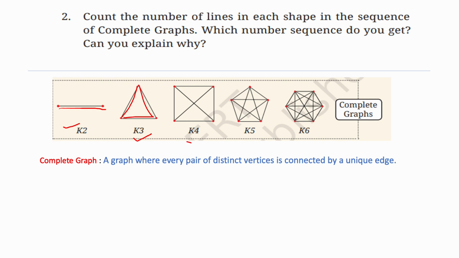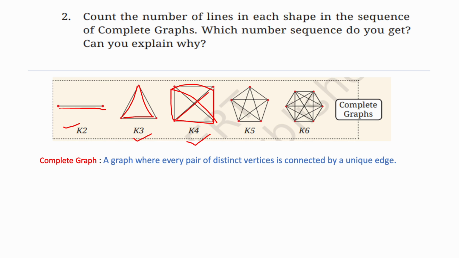Then we have K4. You have four vertices. Then count the number of edges: 1, 2, 3, 4, 5, 6. 6 edges. K5 means 5 vertices. How many edges are there?